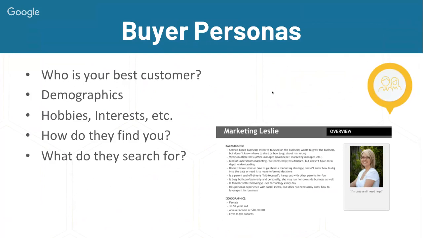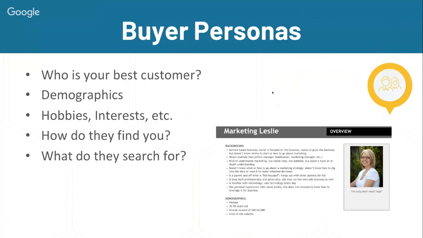So you're going to play psychologist here a little bit, and you're going to get into your personas. And this Marketing Leslie is an example of one of BusyWeb's. She's female, 35 to 50 years old, and she lives in suburbs. She's really interested in marketing, but it's only part of her job, for example.